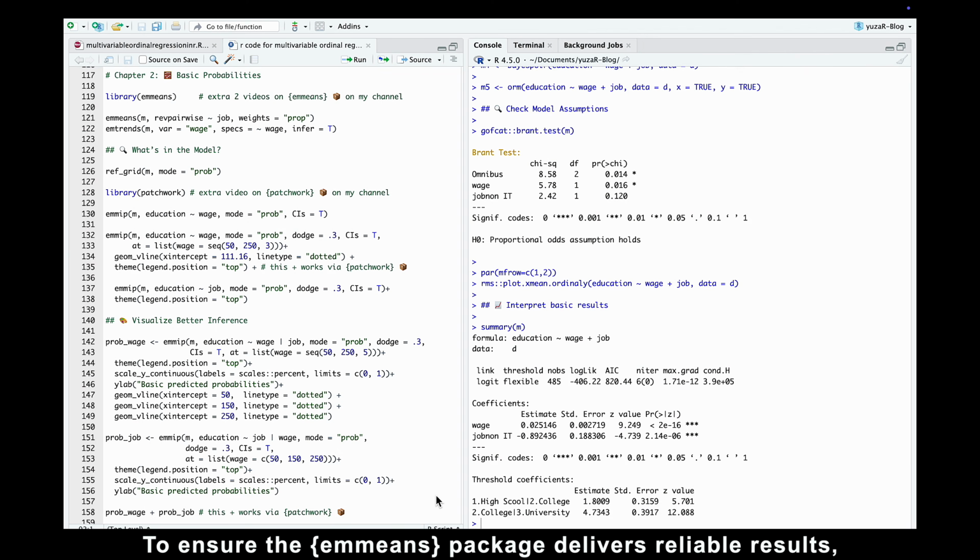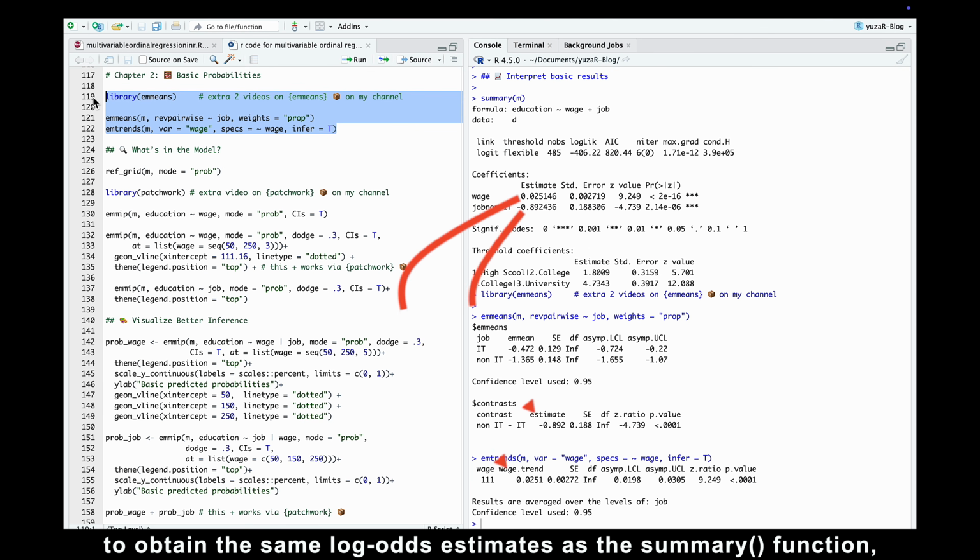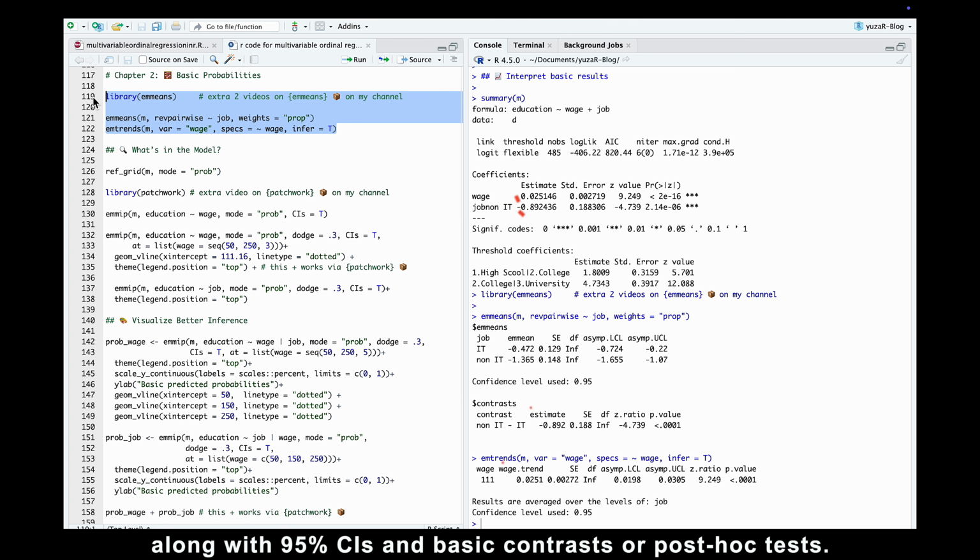To ensure the Emins package delivers reliable results, we can use its Emins and mtrans functions to obtain the same log odds estimates as the summary function, along with 95% confidence intervals and basic contrasts or post-hoc tests.